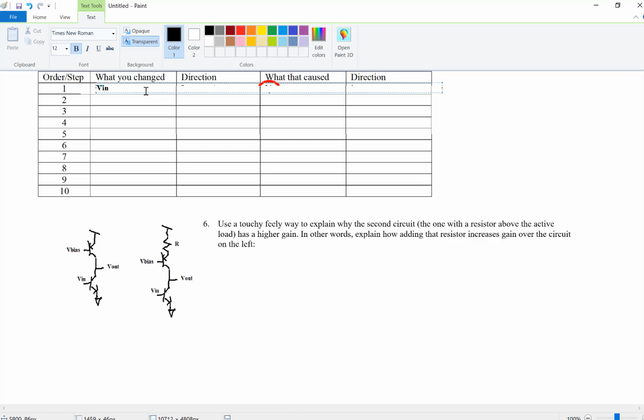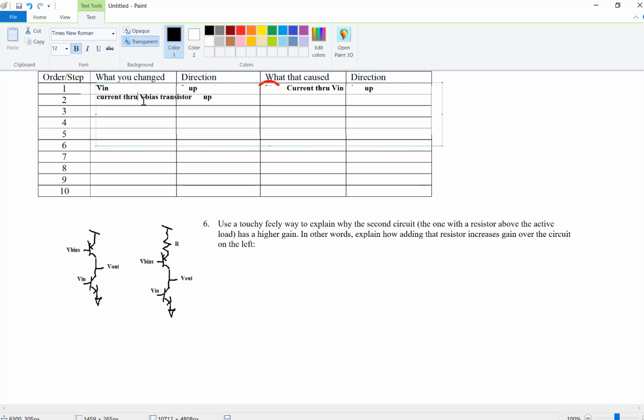So if Vin goes up, then current through the Vin transistor goes up, and if the current through the Vin transistor goes up, current through the Vbias transistor, we're on the right circuit again, goes up.